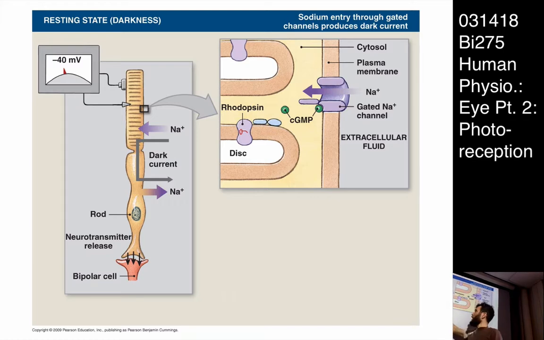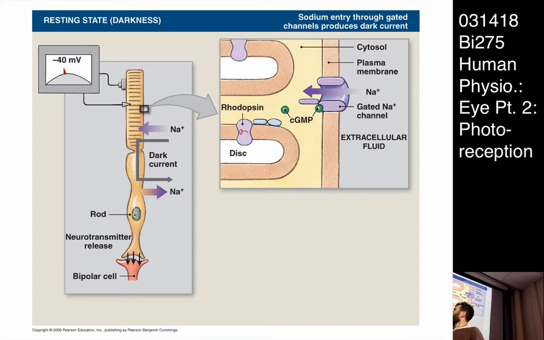All right, and then on that outer segment, what did I say here? Inner and outer segment. There are these gated sodium channels, and they're gated by cyclic GMP. When cyclic GMP is present, it will bind to these leak channels, these sodium channels, and they will be open, and sodium will flood in.